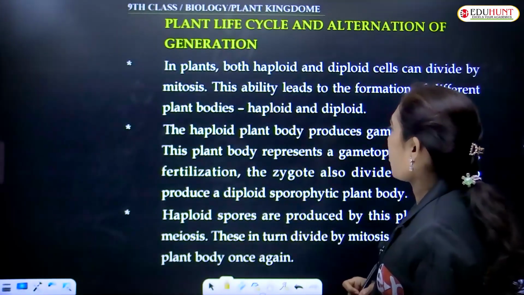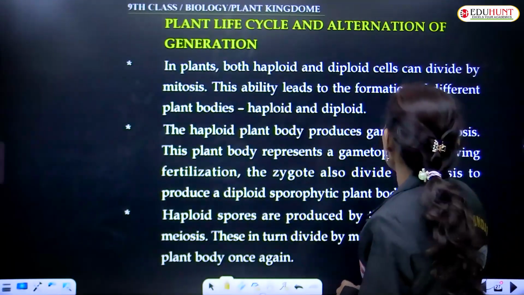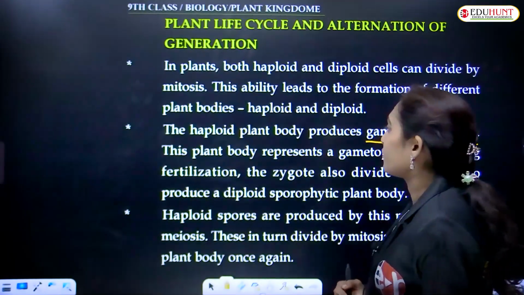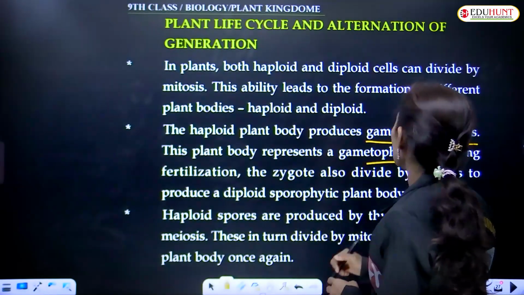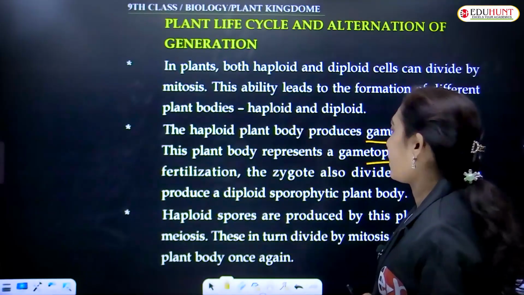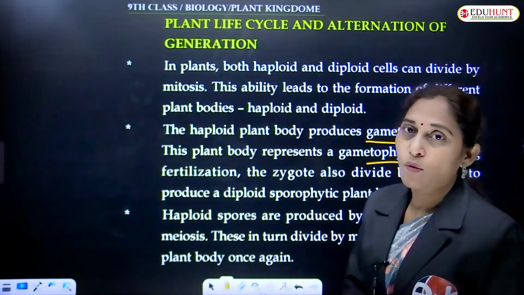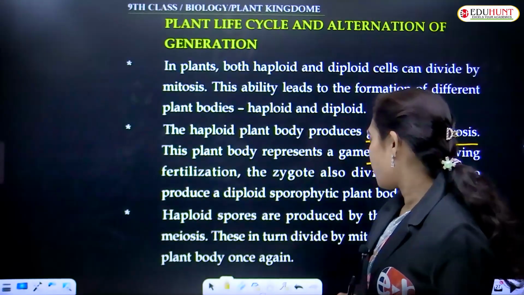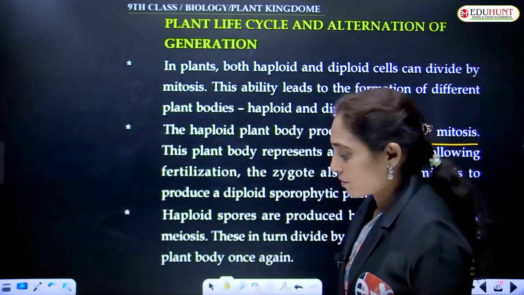The haploid plant body produces gametes by mitosis, and this plant body represents a gametophyte. Following fertilization, the zygote divides by mitosis to produce the diploid sporophytic plant body, and haploid spores are produced by this plant body by meiosis.